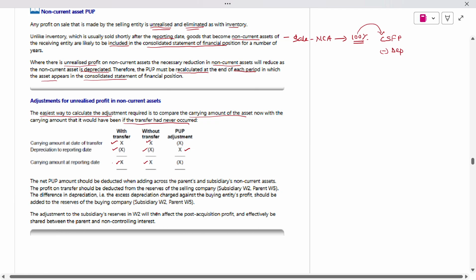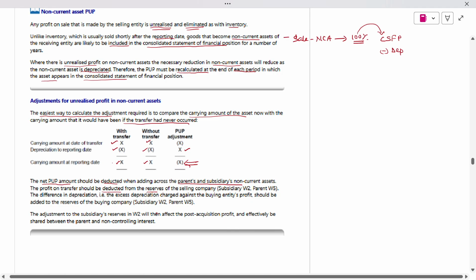What they say is the net PUP should be deducted when adding across parent and subsidiary. Whatever amount you get for the net PUP, that amount should be deducted. The profit on transfer should be deducted from the reserves, meaning from the retained earnings.